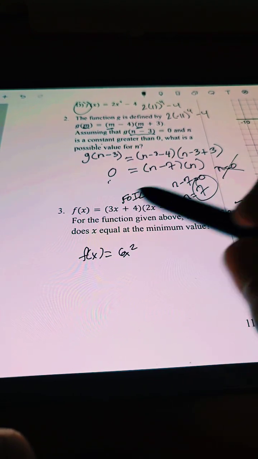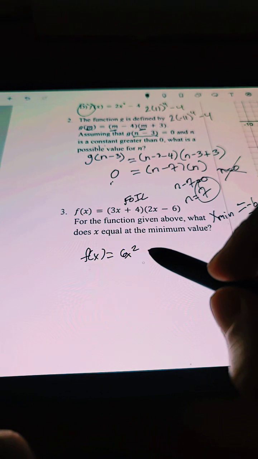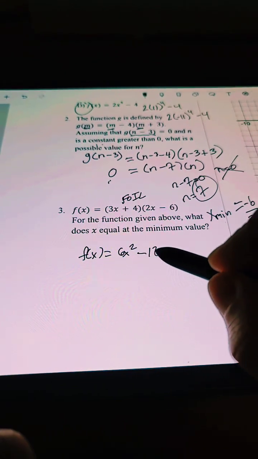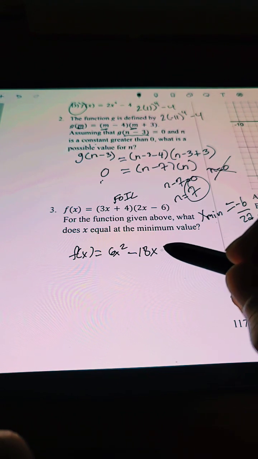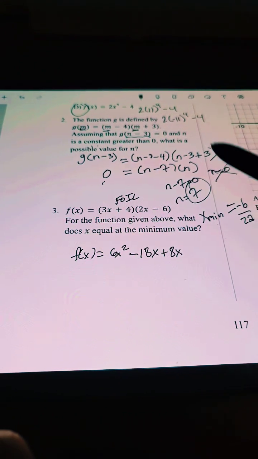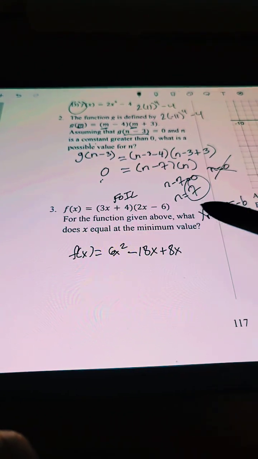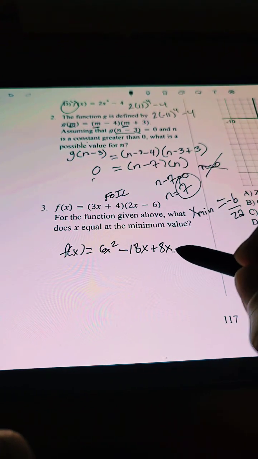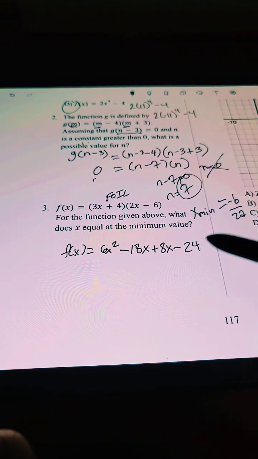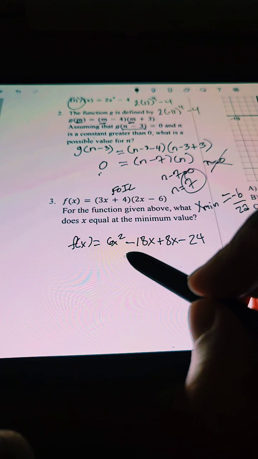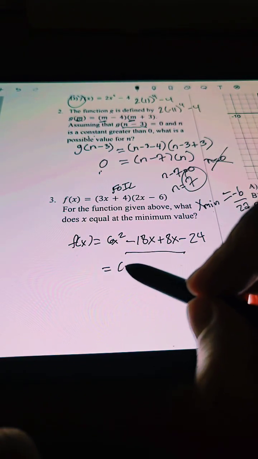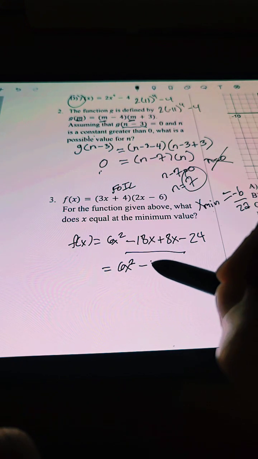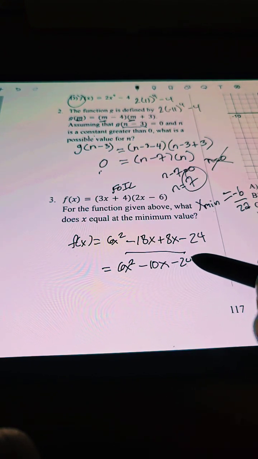O stands for multiplying the outer things together, so negative 6 times 3x, that's negative 18x. I stands for multiplying the inner things together, 4 times 2x, so that's 8x. And L stands for multiplying the last things together, so 4 times negative 6 is negative 24. Now I'm going to combine my terms, and I get 6x squared minus 10x minus 24.